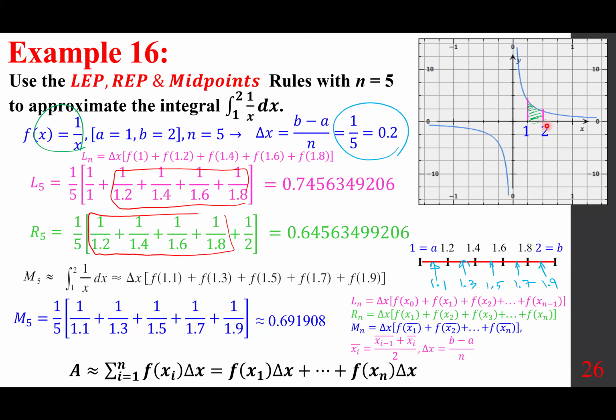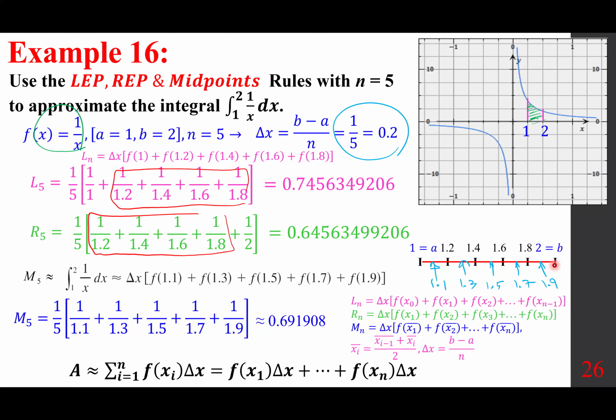This interval of 1 to 2, a to b, you make it huge for the sake of seeing exactly what you do. Cut it into whatever n pieces is, in this case 5. Now, the width is delta x. The height for the left endpoints, use the functional value at all of these points except b.